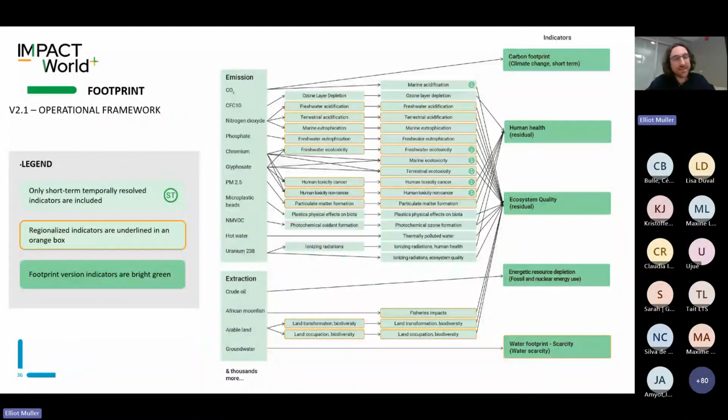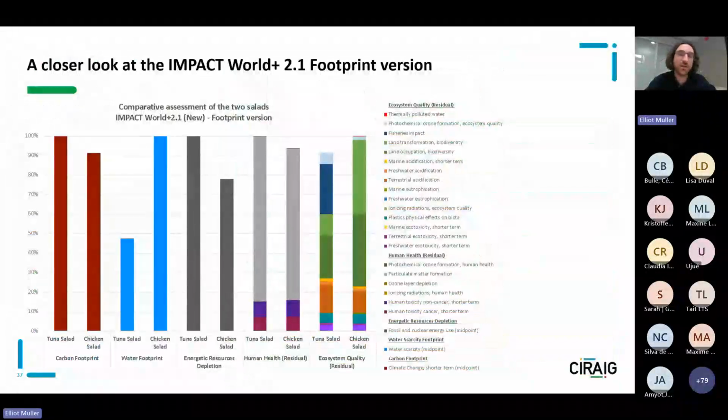So that leads us to those kind of results when using the footprint version. With the footprint version, you will not be able to analyze the contribution of the damage level indicators to the remaining area of protection indicators.